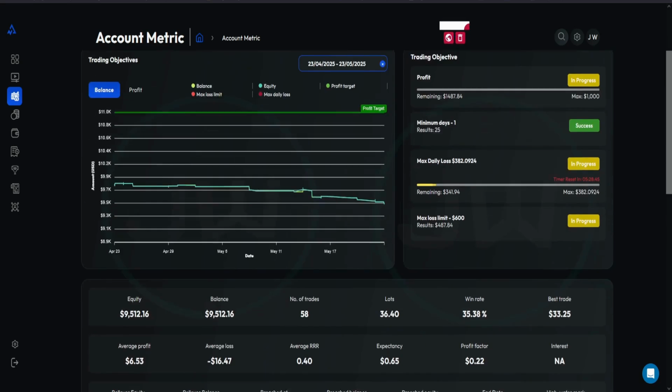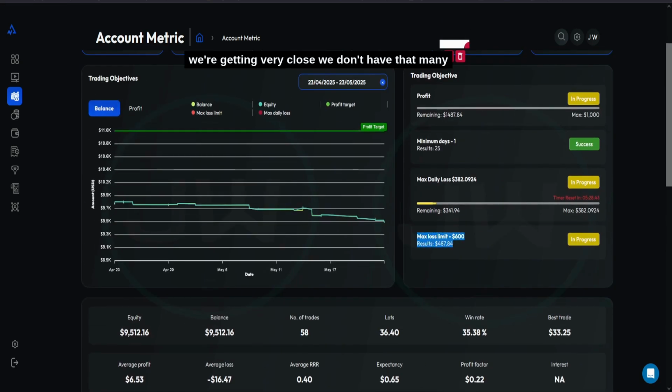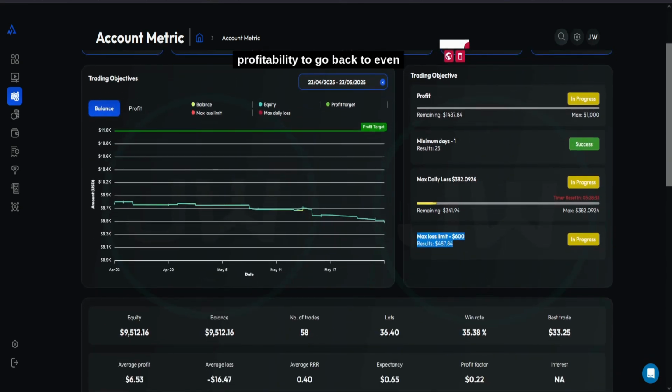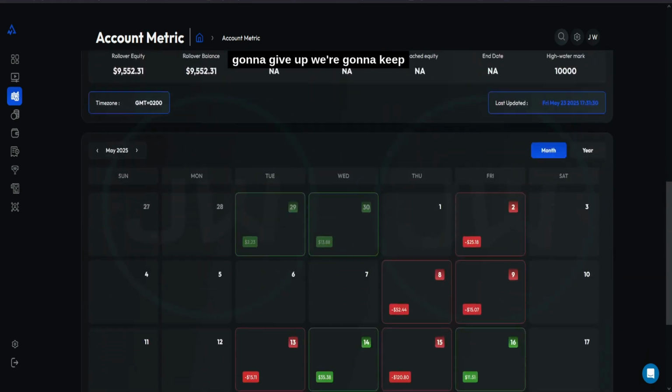So yeah, we're getting very close. We don't have that many chances to bring us back. It's going to be a long journey to profitability, to go back to even break even. So we're going to ride this until we can't, but we're not going to give up.